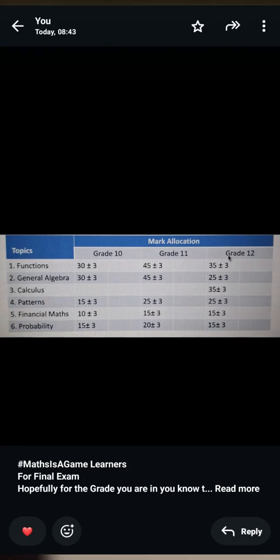But I get you. So there we have functions, which is like 45 plus minus 3 marks. If you look at functions and general algebra, we have a range of between 90 marks, or at best 96 marks together if you have maximum marks for both. Now out of 150, guys, 96 marks is already quite a big chunk of marks.